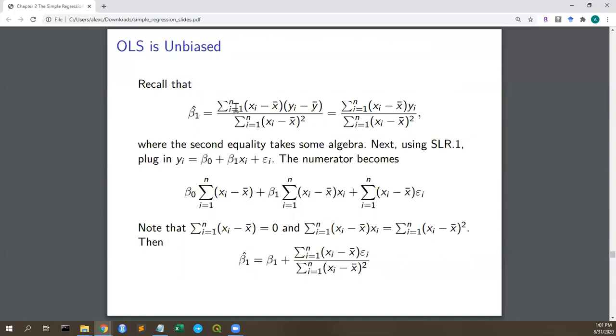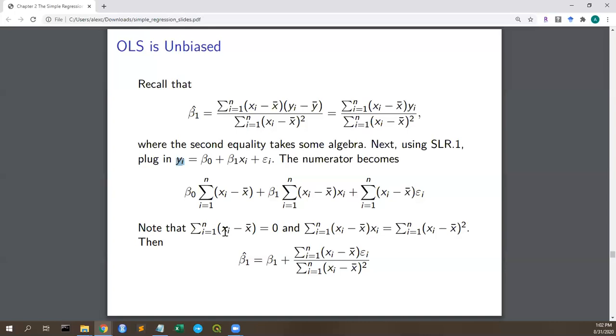We have this from before. We solved for this before, and we can transform it to look like this. Using the first assumption we made, we're assuming the true form of the data generating process, the true model, looks like this. And then we can rewrite all of this like this, right?